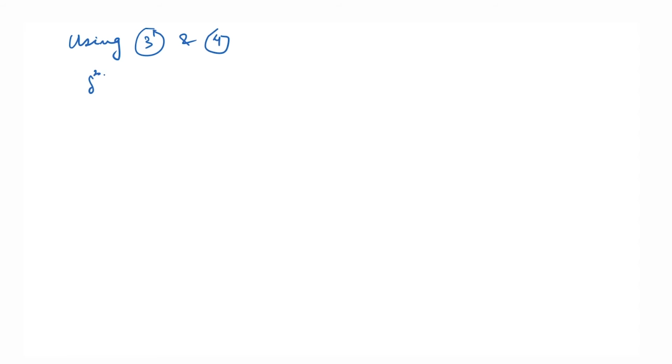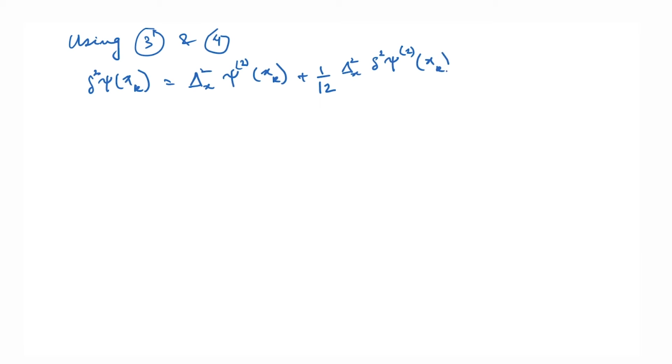That is, delta 2 psi x k equals delta x square times the second derivative of psi at x k plus 1 by 12 delta x square delta 2 psi 2 x k plus my order delta x to the power 6.